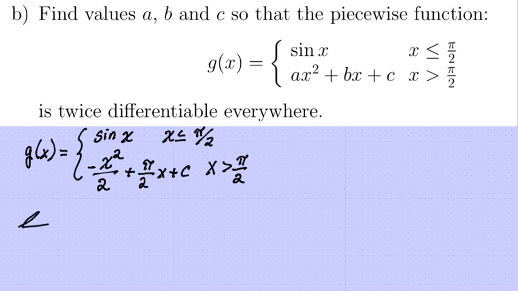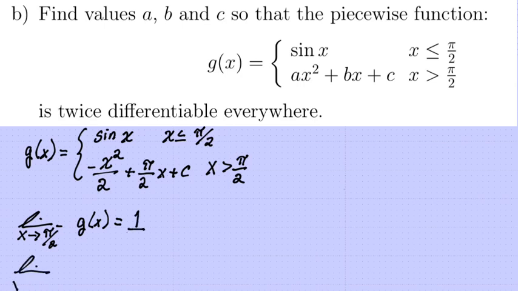Now the limit as x goes to pi over 2 from the left of g of x, that's equal to 1.